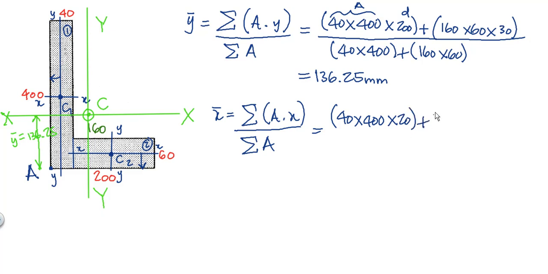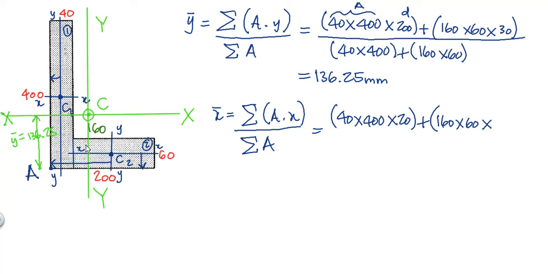Plus. Why plus? Because it's the sum. The area of element 2 is 160 times 60 times x. What's x? Are you tuning in? X is the distance from the centroid of the element all the way to where we've taken moments about. A lot of people say it's 160 over 2.